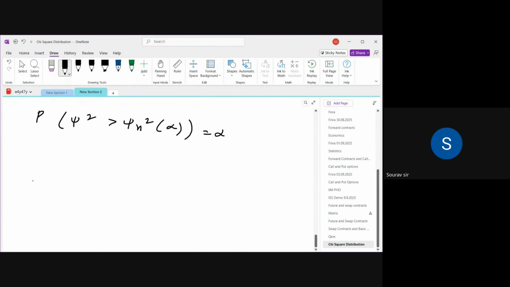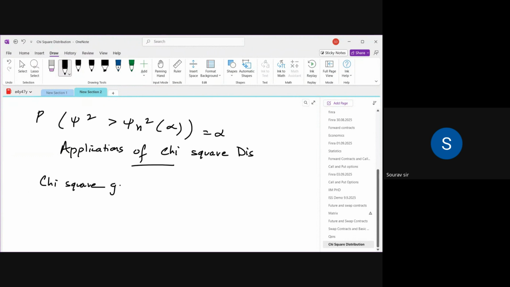Now, some of the applications of the chi-square distribution. First, chi-square goodness of fit. Who developed it?